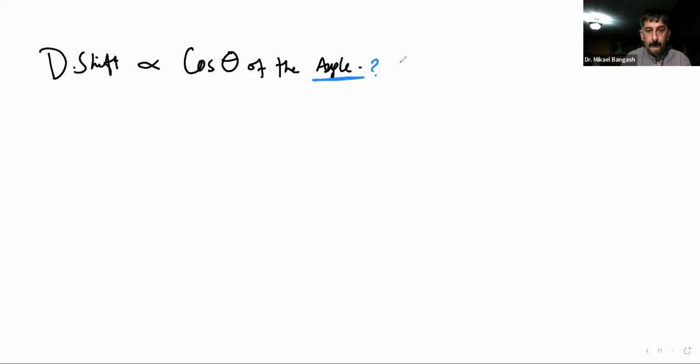Okay. So that means we can say the angle between the beam. Now, when we say beam, I hope everybody will know what that means.